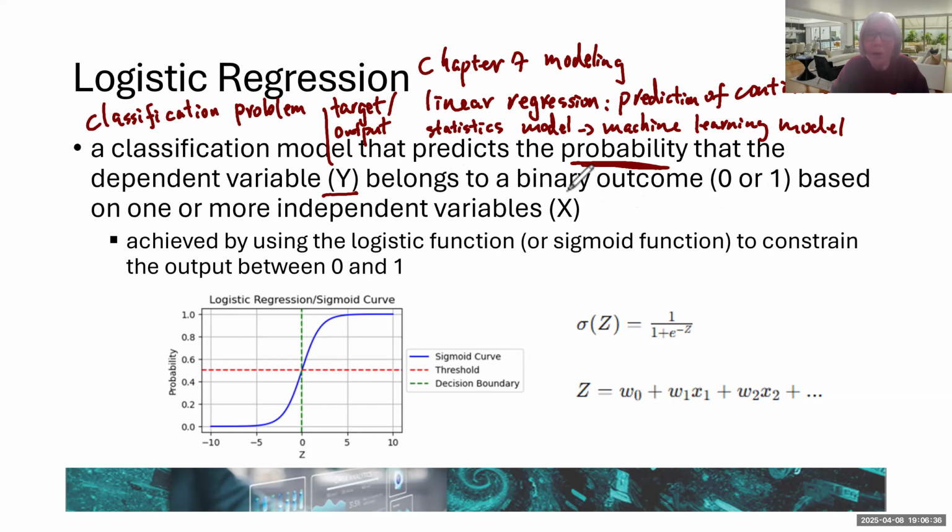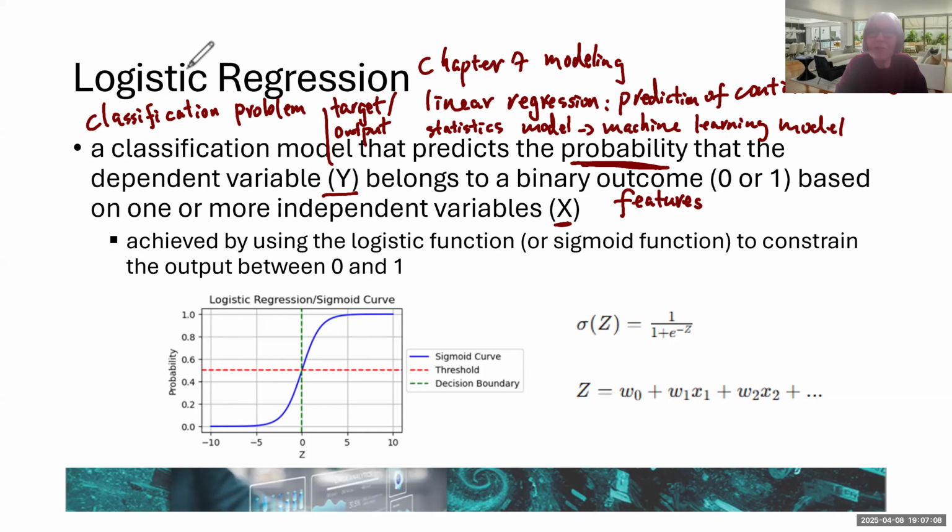So it belongs to the binary outcome based on one or more independent variable X. And in machine learning, independent variable X, we also call it features. Okay, so that's the idea. So it's about the probability belongs to a class. Okay, it's not is this class or not this class. It's about the probability.